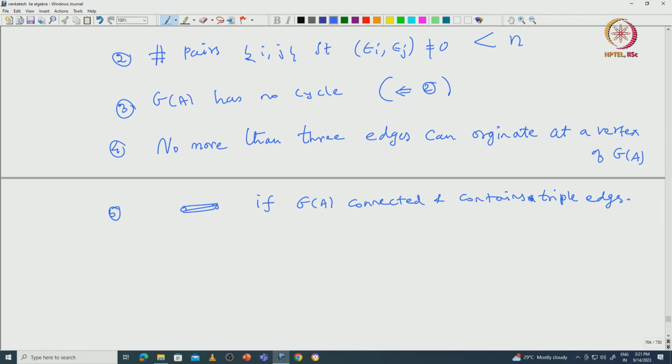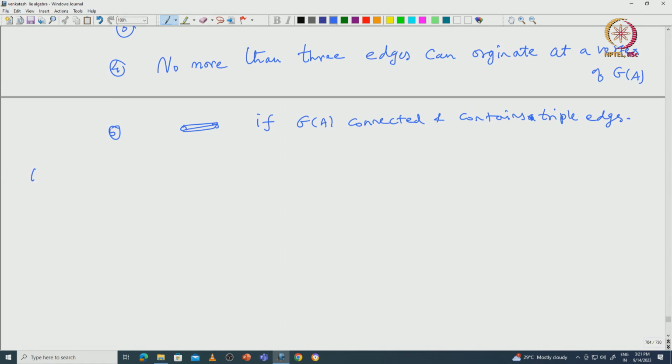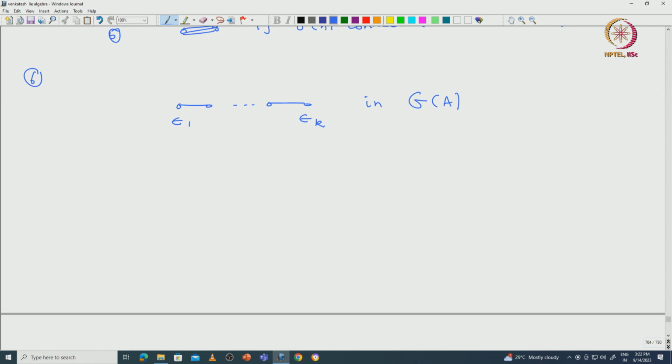So now we will continue our analysis and see what are all the other possibilities that we can have. Here is the next observation. Suppose G of A actually contains some simple path, say the simple path epsilon 1 to epsilon k inside G of A. Then we want to shrink this path to a point.